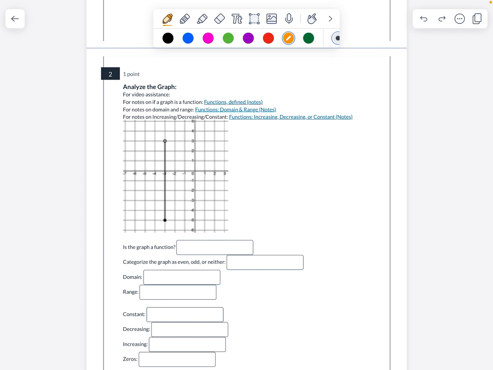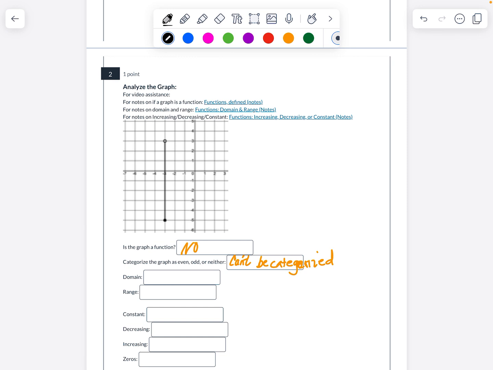And because it's no, it can't be categorized. It does have a domain, however.